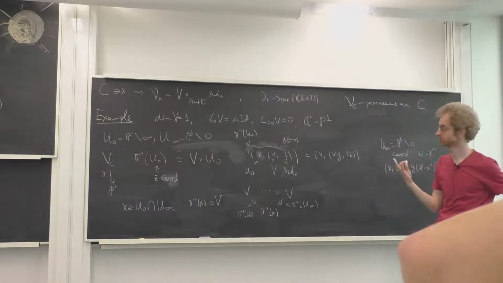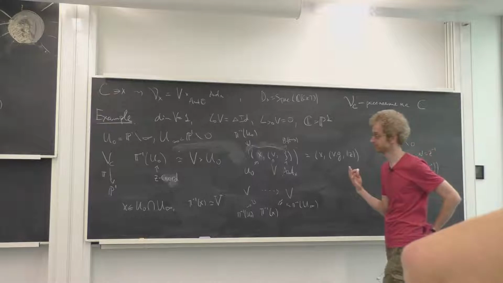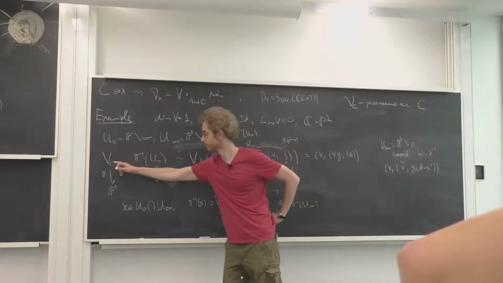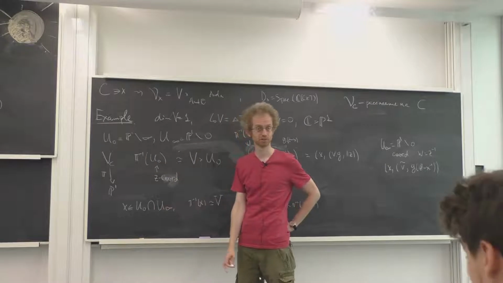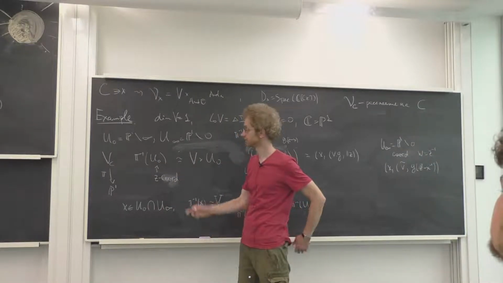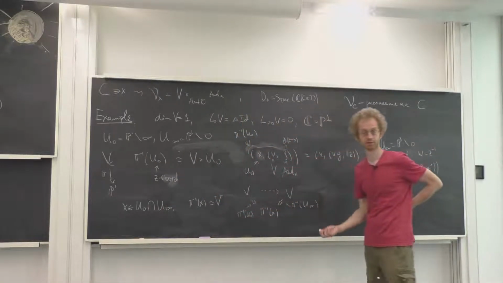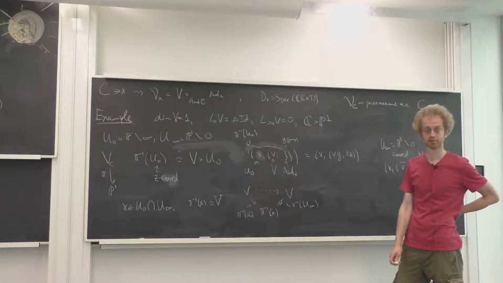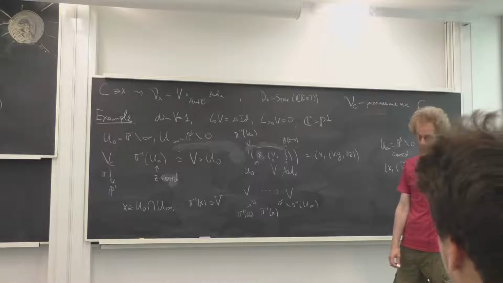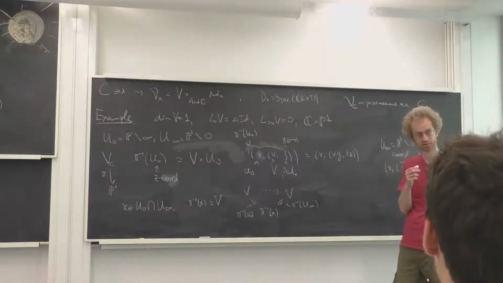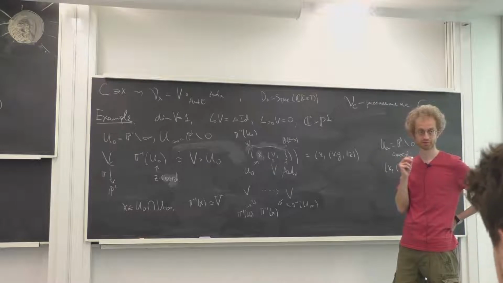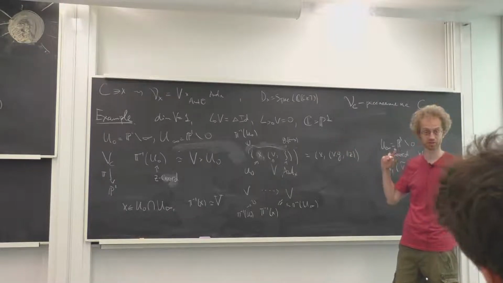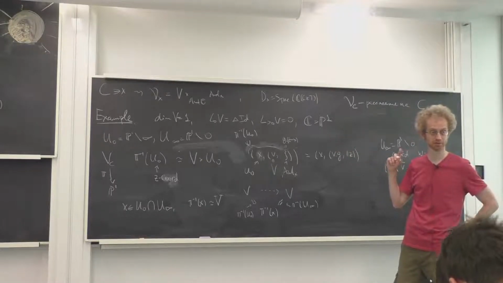So what is pi? Pi is a map from the whole bundle to our U0. The fiber over each point is just a V. So this is a one-dimensional bundle. It's a line bundle.